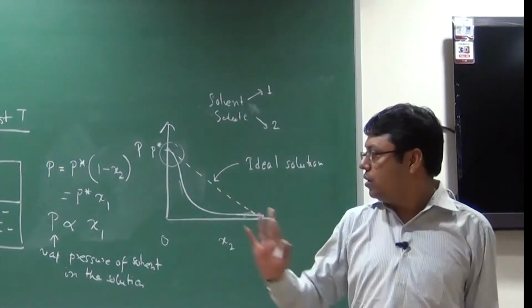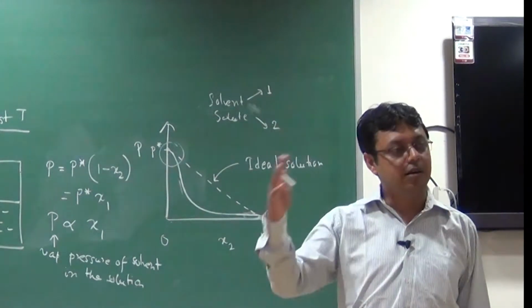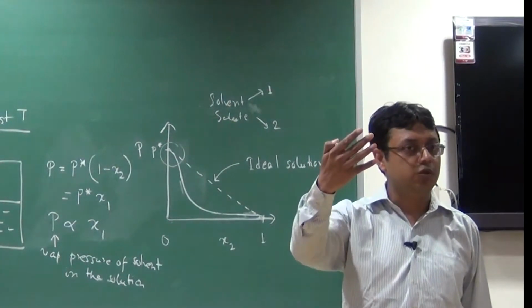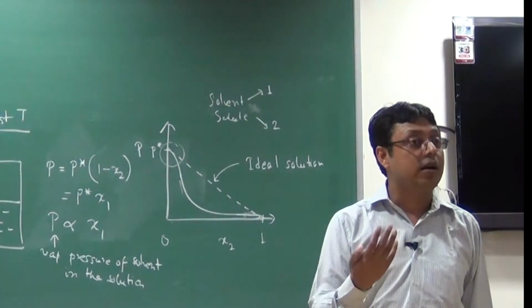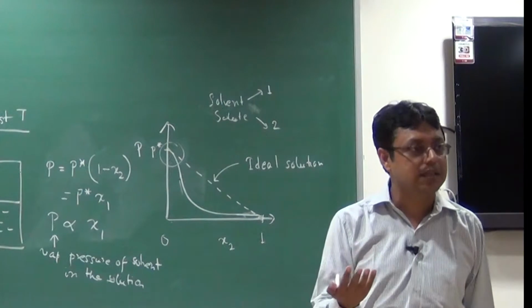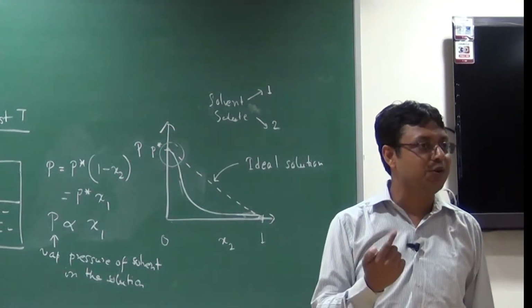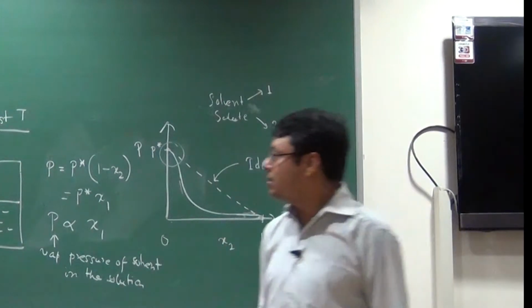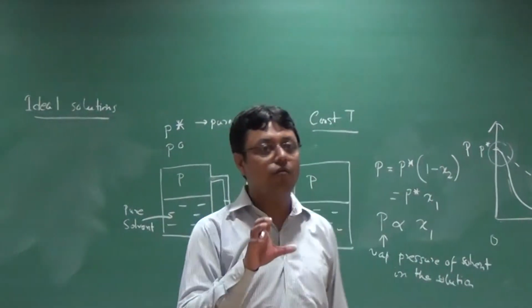When the system is in equilibrium, the chemical potential in the solution as well as in the vapor should be the same. Of what? Chemical potential of the solvent. I cannot talk about the solute because the solute is not in the vapor phase, because the assumption is that the solute is non-volatile.